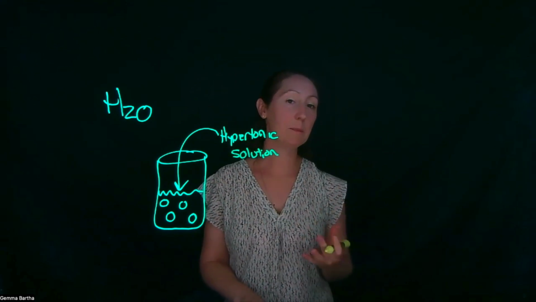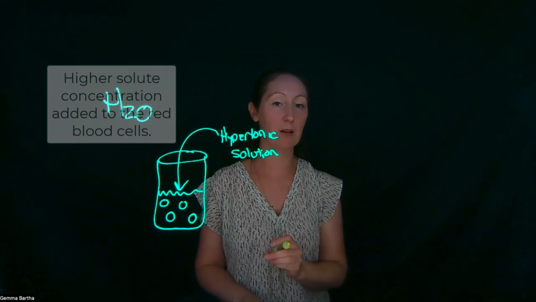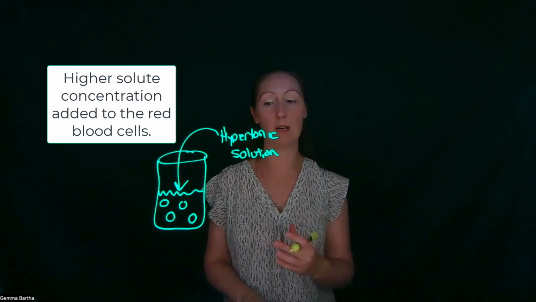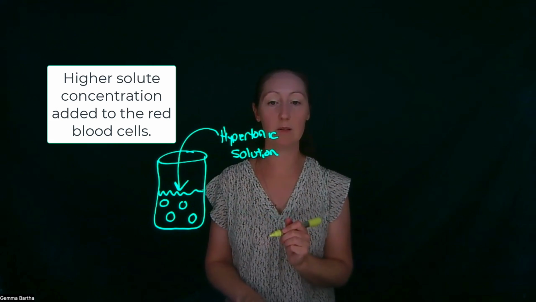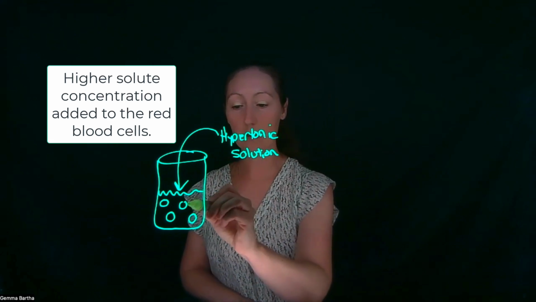Okay. That simply means that the solution that's being added to your red blood cells has a higher solute concentration than your red blood cells. Which way would the water go? Let's pull out one of these blood cells.